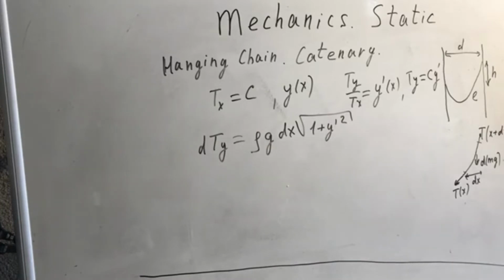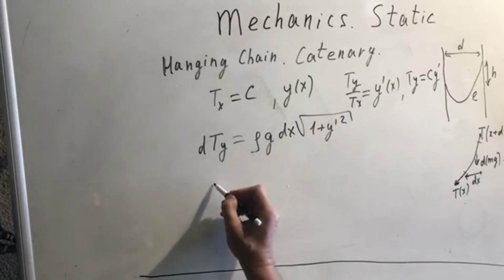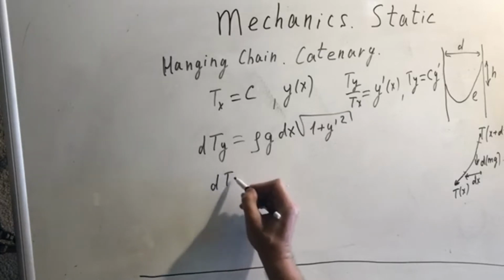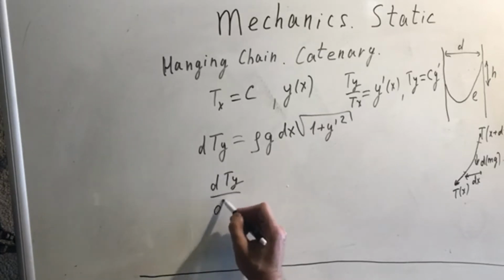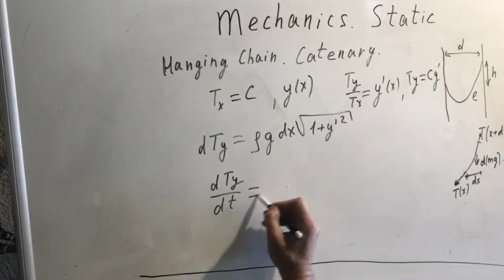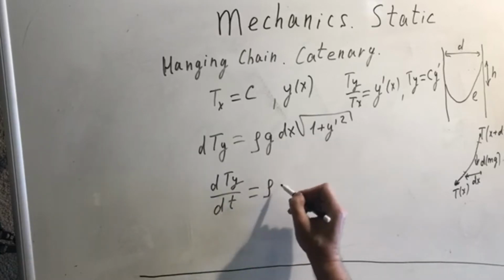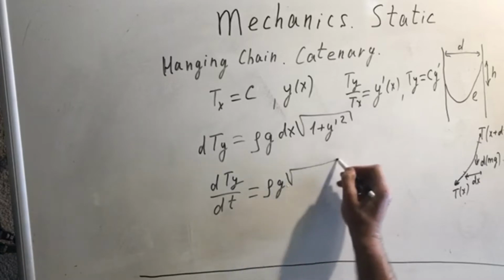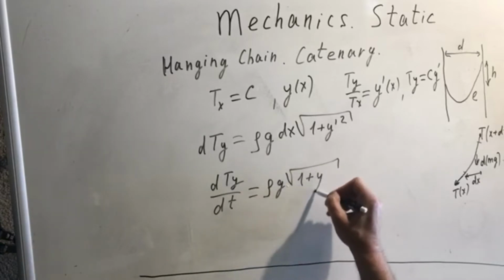And we can rewrite this formula in the form of dTy over dx equals rho g root of 1 plus y prime squared.